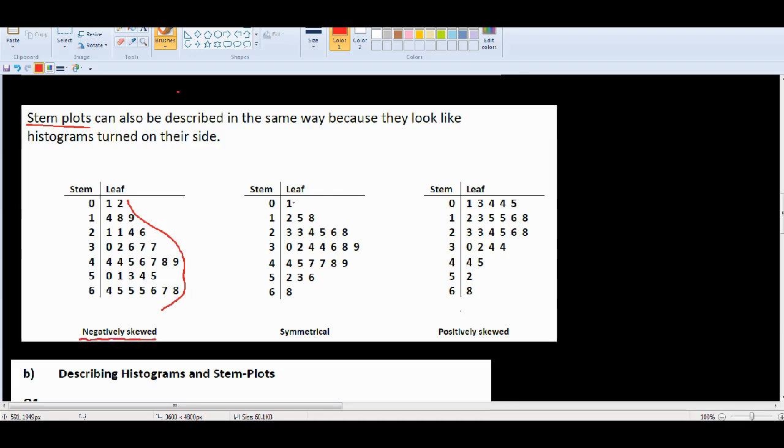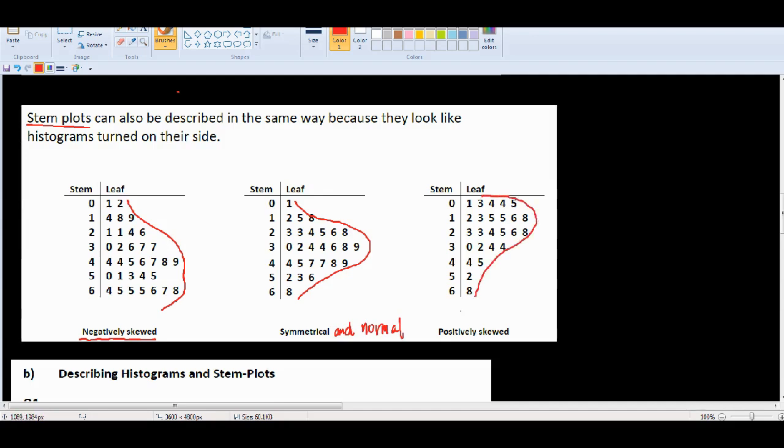Okay, for the second one, you see, it's like this. It's like what we call a bell shape. So you got the clumps at the center, right? And the left hand side, right hand side are fairly symmetrical. So this is symmetrical, and possibly you would say this is normal. And the last one, if you see this one, it's quite obvious.